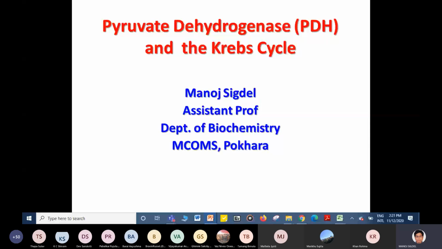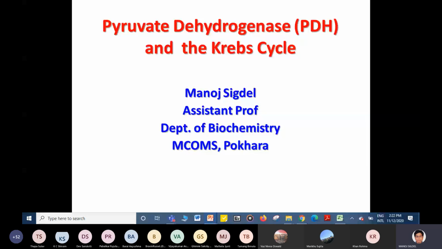Okay, TCA cycle, tricarboxylic acid cycle, is the central metabolic pathway. About 65 to 70% of the energy in our body is found from the TCA cycle. Whether we metabolize carbohydrate, lipids, or protein, first of all, they will form the acetyl coenzyme A, and after forming the acetyl coenzyme A, they will go via the TCA cycle.